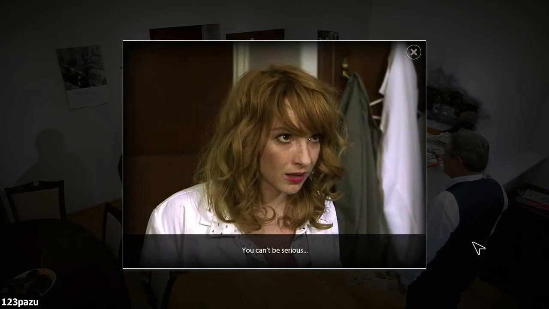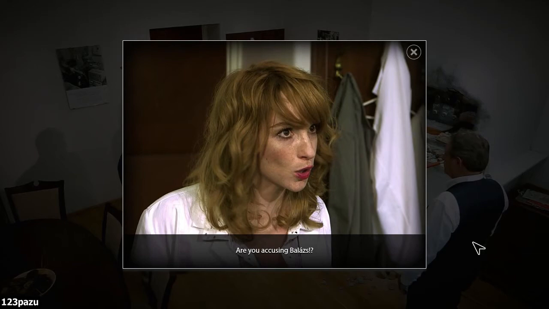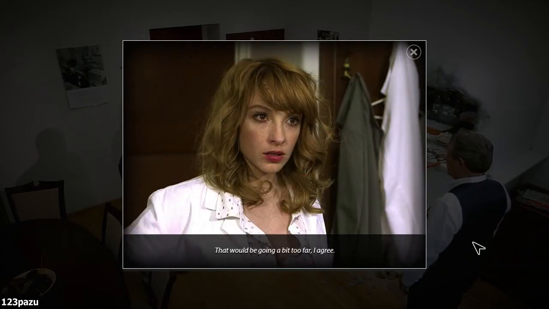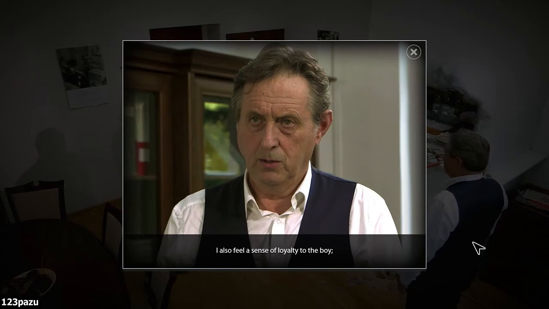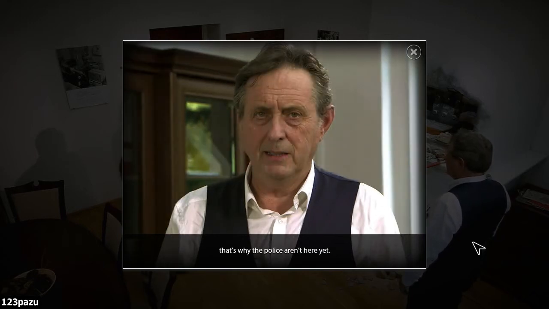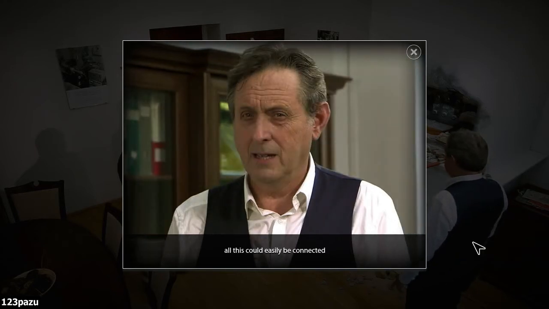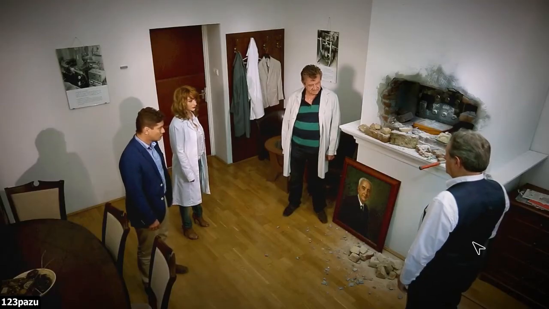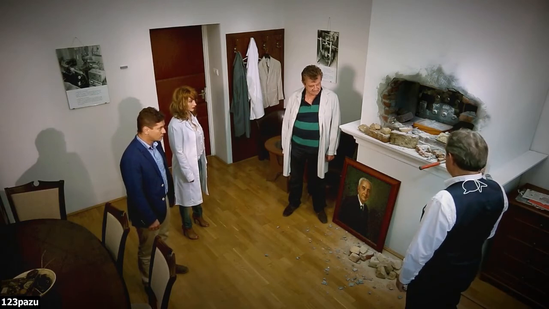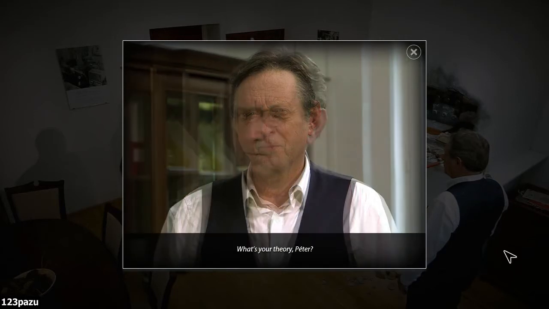Peter! What? You can't be serious. Are you accusing Volage? That would be going a bit too far, I agree. I also feel a sense of loyalty to the boy. That's why the police aren't here yet. But let's admit, all this could easily be connected to his mysterious disappearance. That is a bit far-fetched. What's your theory, Peter?